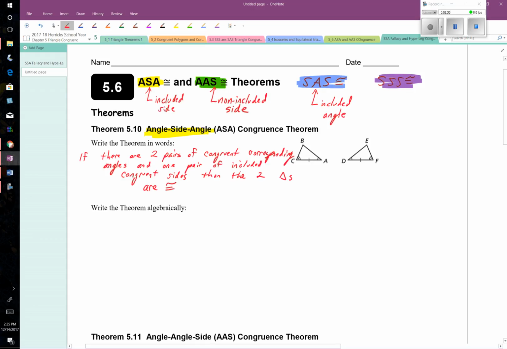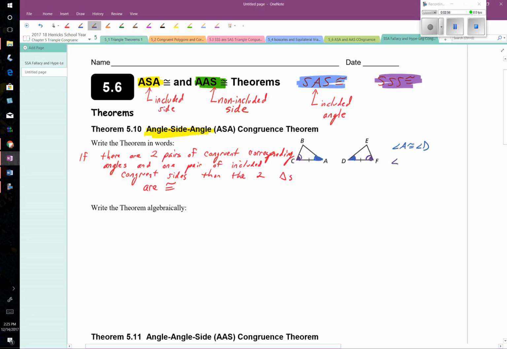And what this means is, well, let's look at the picture. If I look here, I have angle A here. That's congruent to angle D here, right? So we have angle A congruent to angle D. And we have another angle here. We'll color it purple. And here.